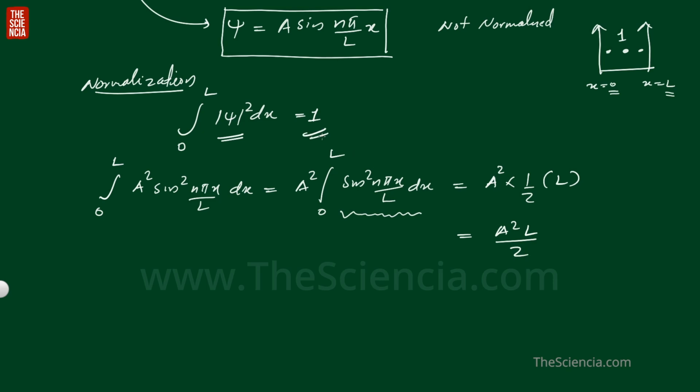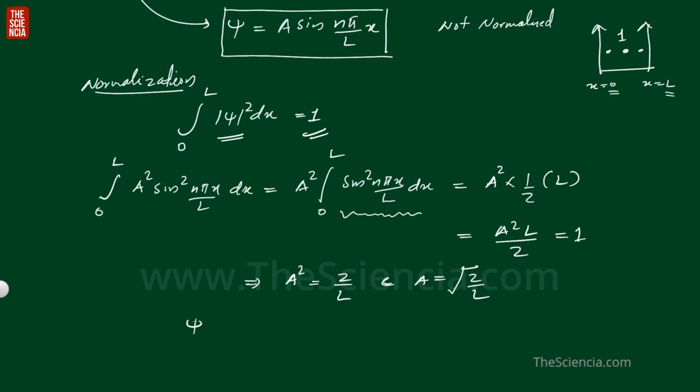And from this normalization condition, this value should be equal to 1, right? Therefore, we get a square is equal to 2 by L, and we get a is equal to root 2 by L. Now we can substitute this a value in this equation.